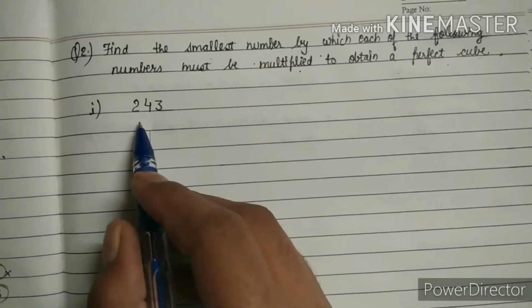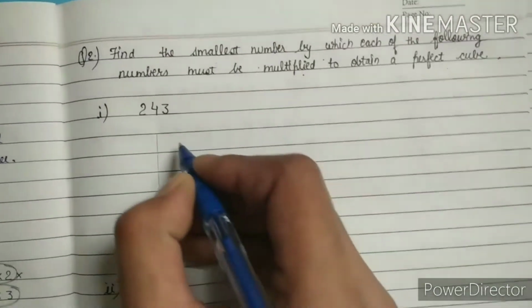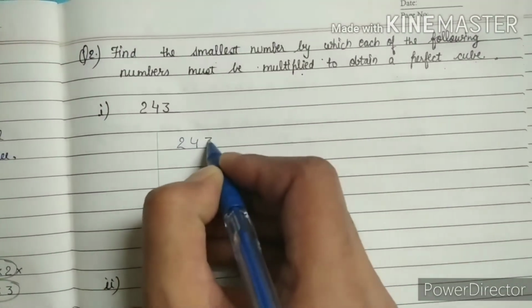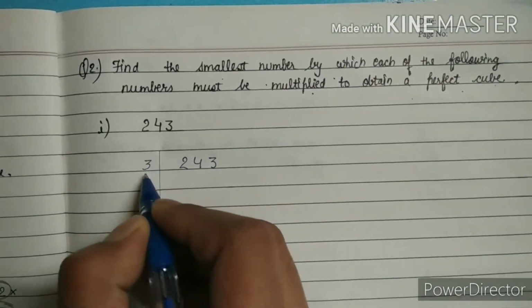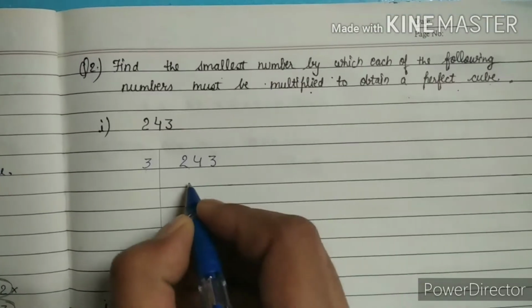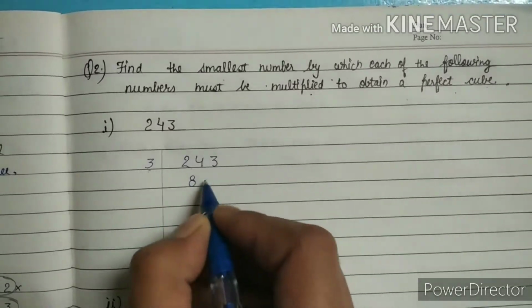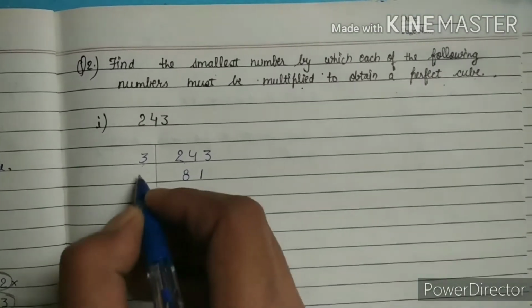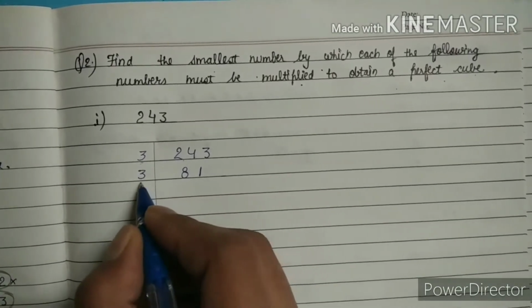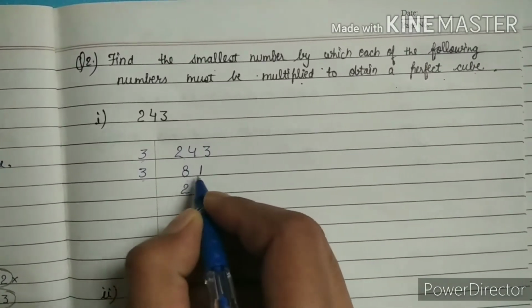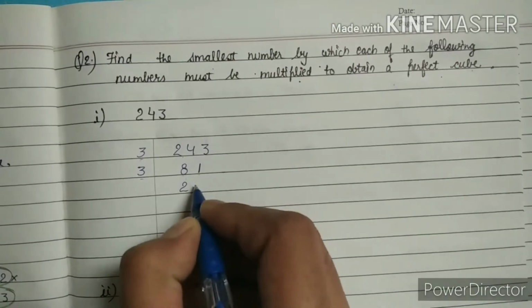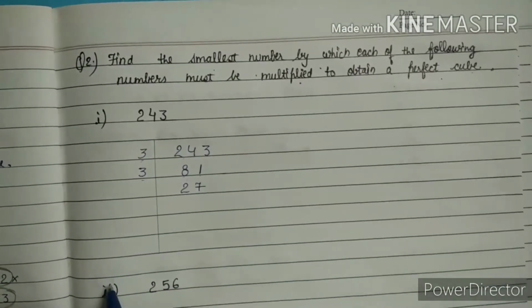First is 243. Firstly we have to find the prime factors of 243. We will go with the table of 3. 3 8s are 24 and 3 1 is 3. Now 3 2s are 6, and the 2 will go near the 1. 3 7s are 21.